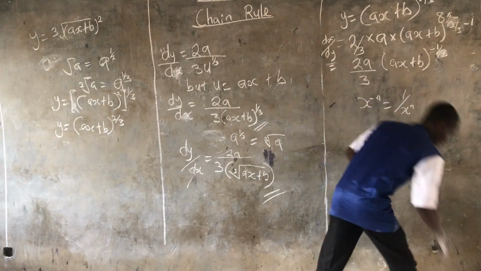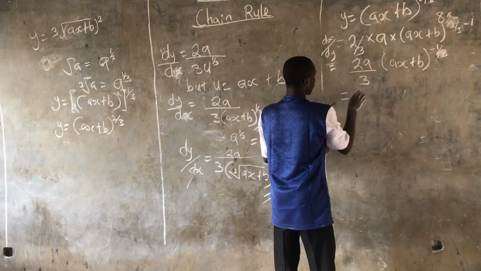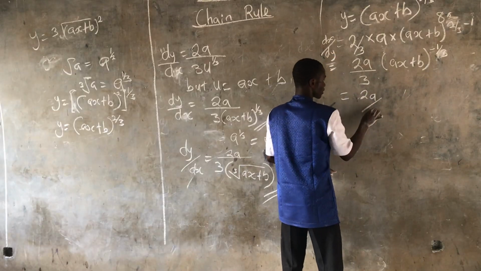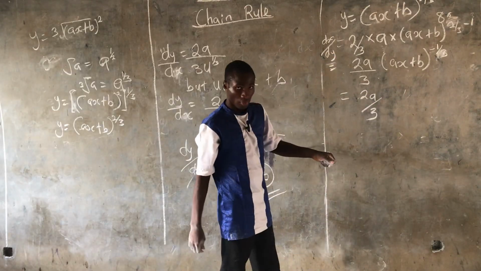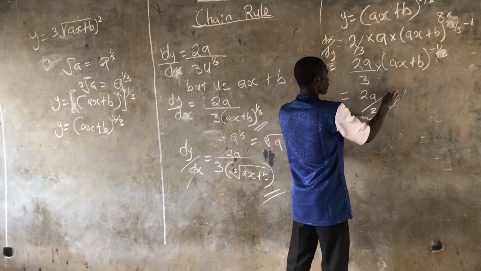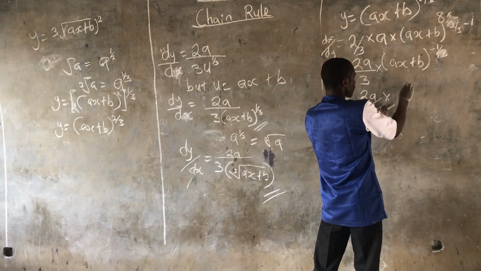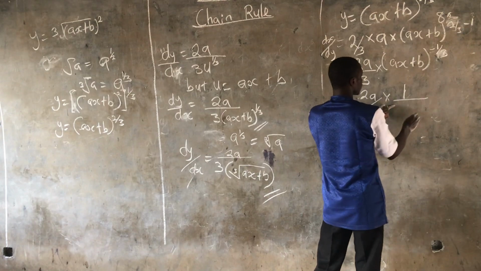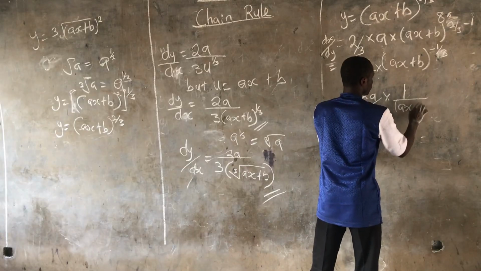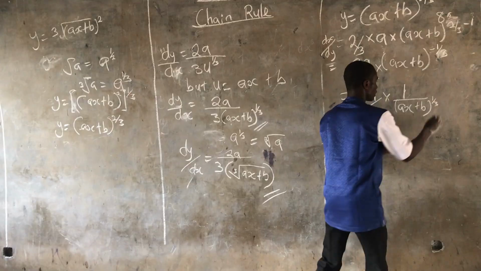In this case, our dy over dx is equal to 2a over 3 times, this will drop down since it is inverse, over bracket ax plus b raised by 1 over 3.